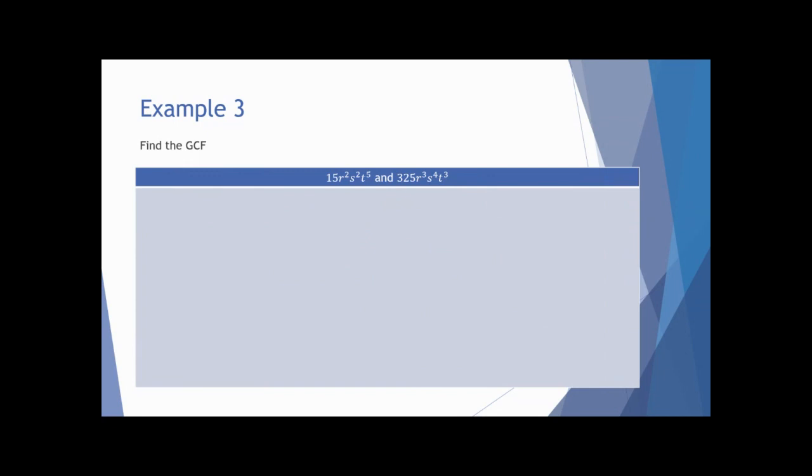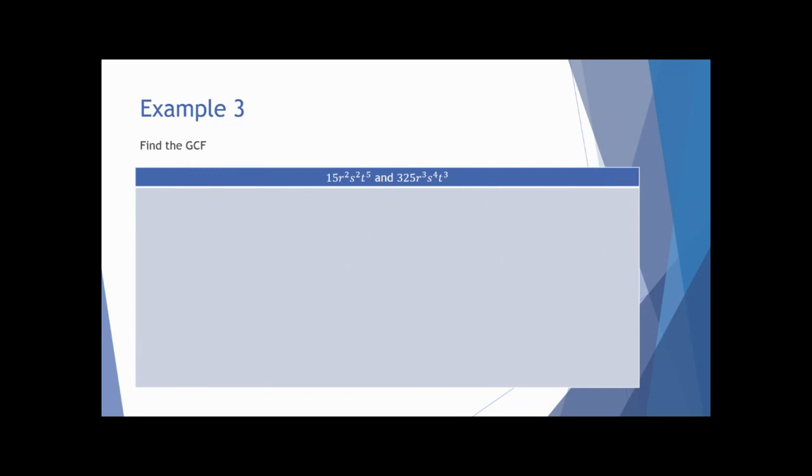Now we're going to do another one. This is a little more complicated because the number is bigger. There's more variables. So we have 15 r squared s squared t to the 5th and 325 r cubed s to the 4th t cubed.